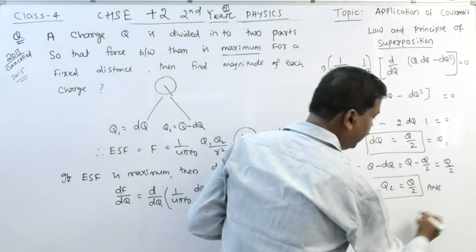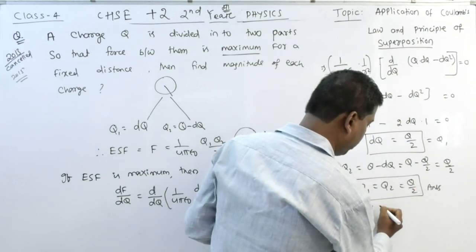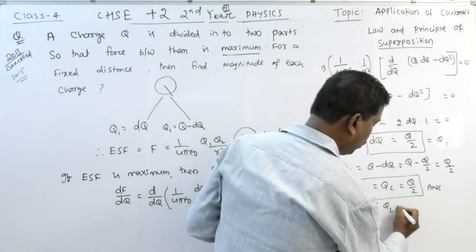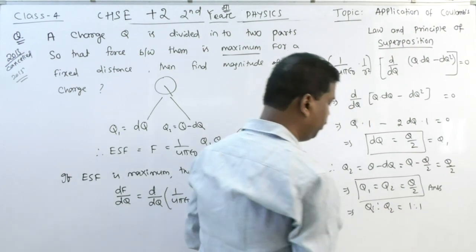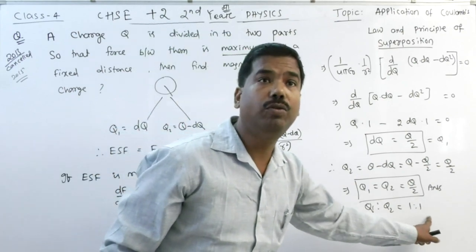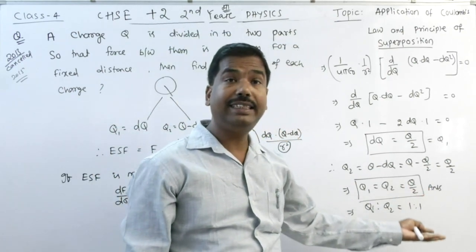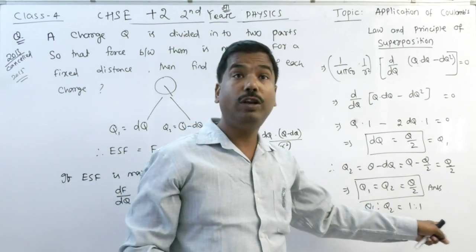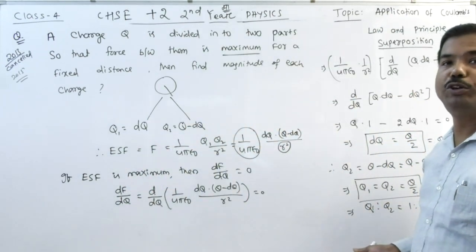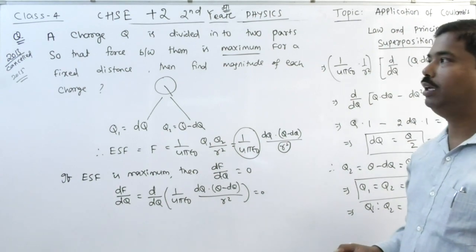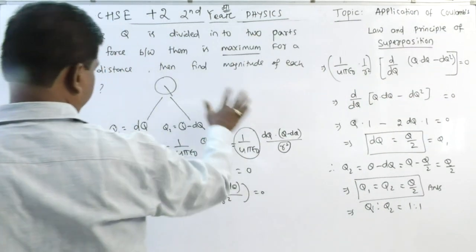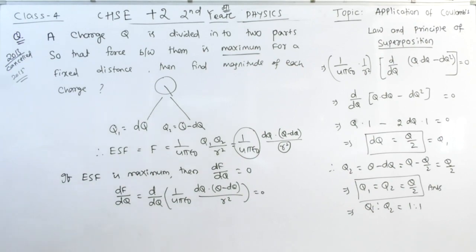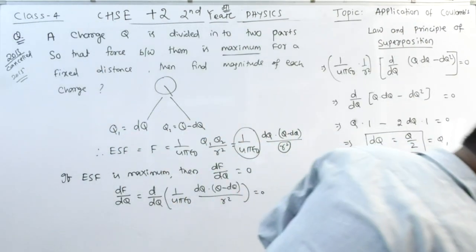If asked to find the magnitude of each charge, or q1 is to q2, it is 1 is to 1, because both the charges are equal. If the charge is divided equally, then the electrostatic force between them is maximum. Very, very important question. Regularly repeated questions.